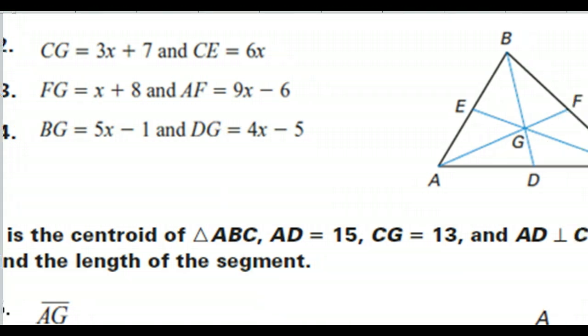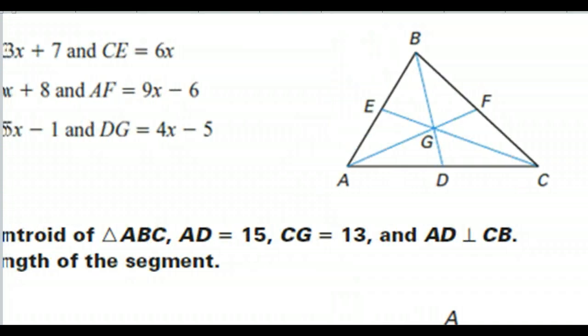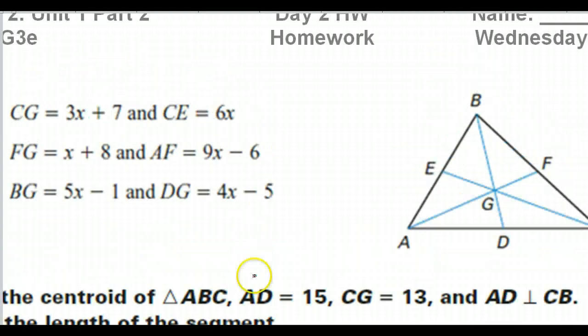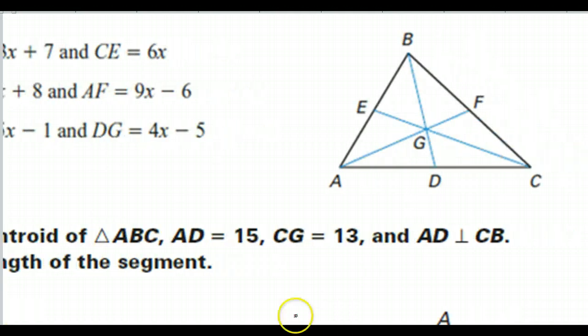Please remember the way a centroid works, because we're told that this is the centroid. That means, remember how it works? A centroid is going to divide the median into 3 equal parts.